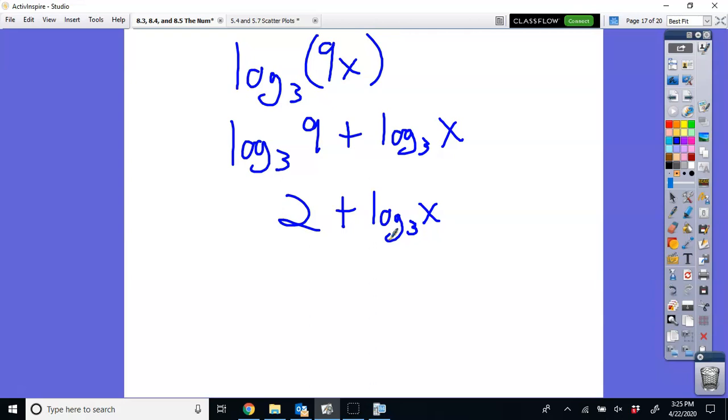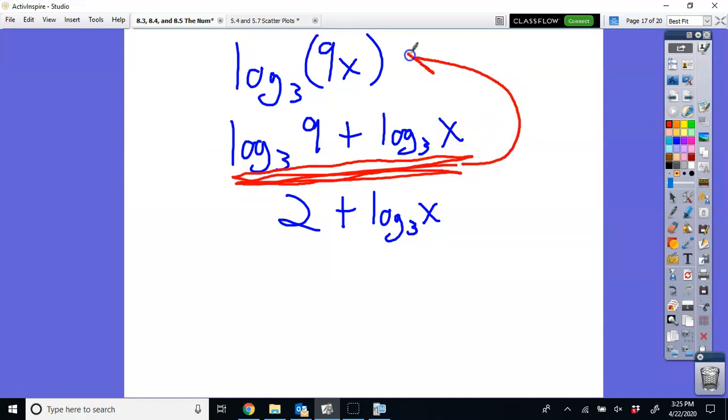So being able to condense them back together is pretty good, and it's usually used more. What I mean by condensing them together is you have two logarithms with the same base, like these two, and you go backwards. You put them back together.